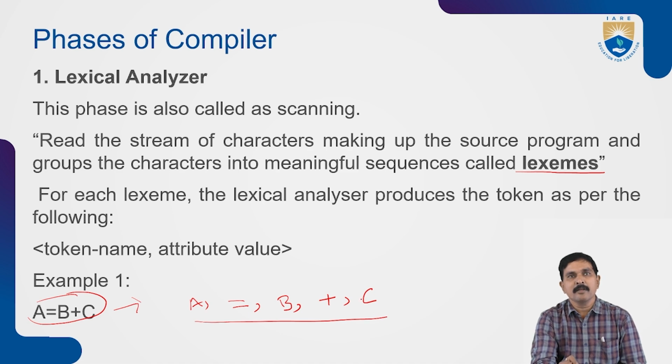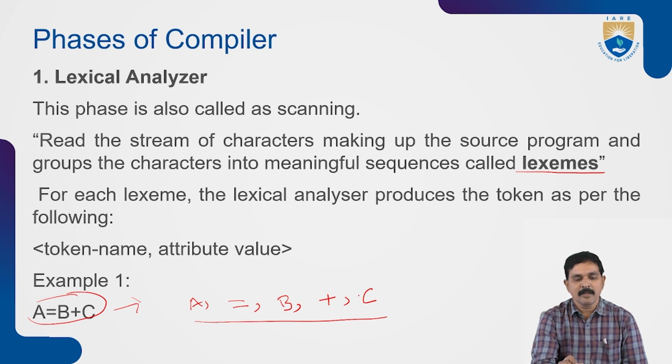But here we should follow one important thing: not every token has a value. Only some of the tokens have a value. A is a variable. It may have some value that can be obtained after computation of the addition of two numbers B plus C. But what is equal? Equal is just an operator only. No value. B may have a value.